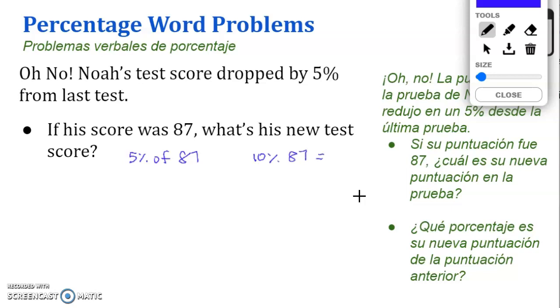That's going to be, move the decimal place to the left by 1, so that's going to be 8.7. Then can you figure out what is 5%? 5% of 87 is going to be half of this, that's going to be 4.35. So that means the new score is going to be 87 minus 4.35.